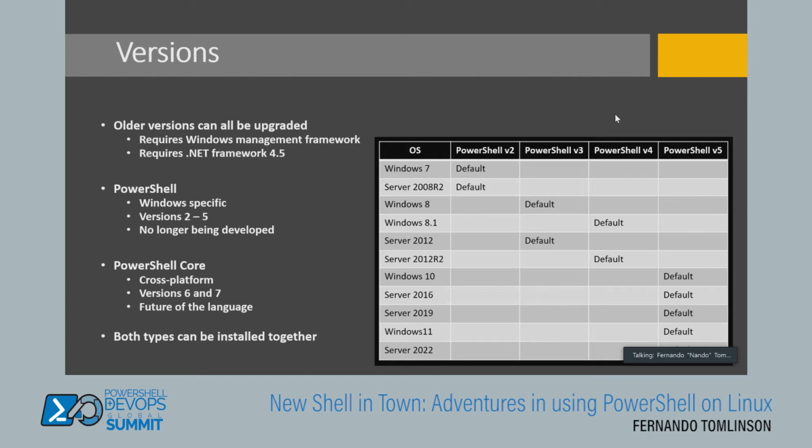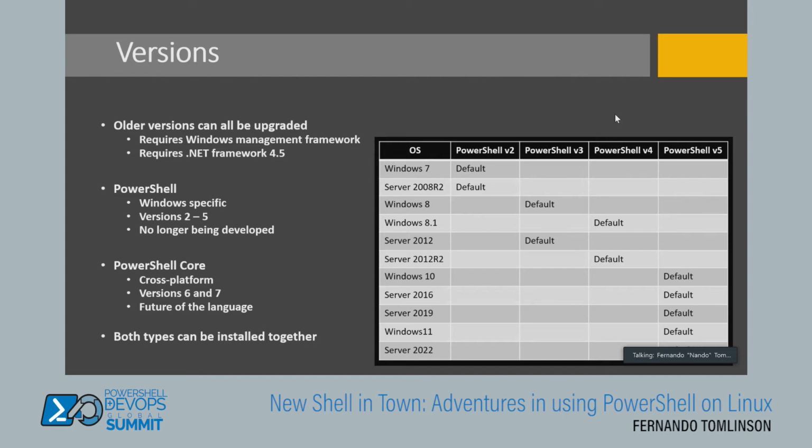So what does that leave us to do? Well, if we're still using Windows, and I'm not saying we should all be not using Windows, if you're on a Windows machine, you can install PowerShell Core. We're going to highlight how we do that. You don't have to uninstall Windows PowerShell. You can actually have both of them on there side by side.